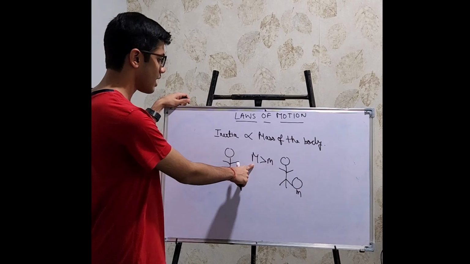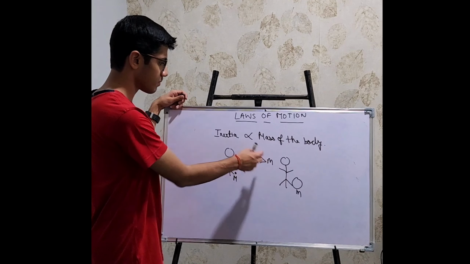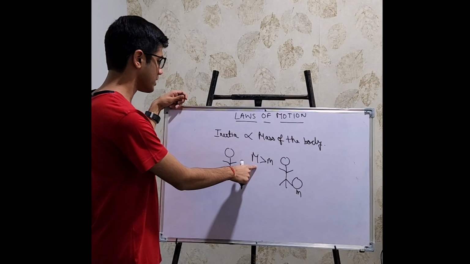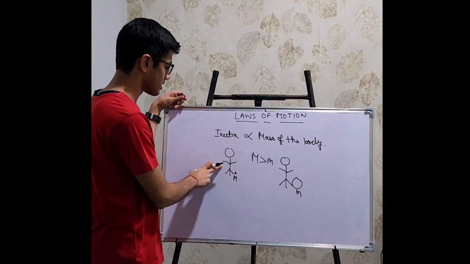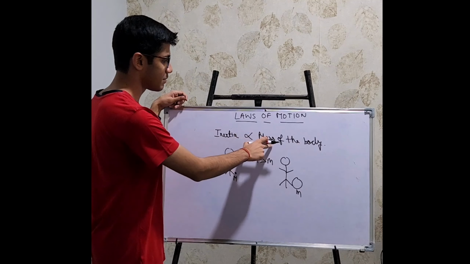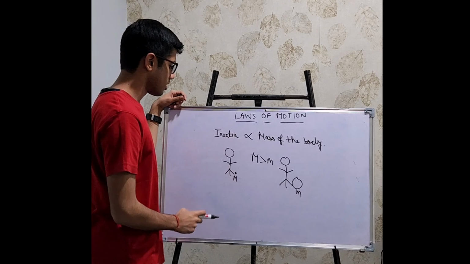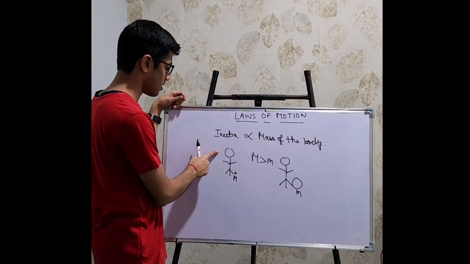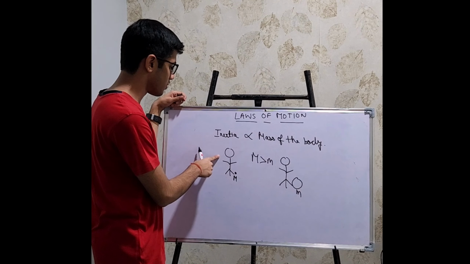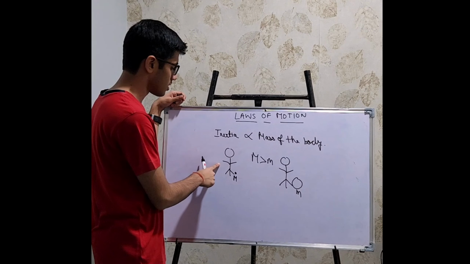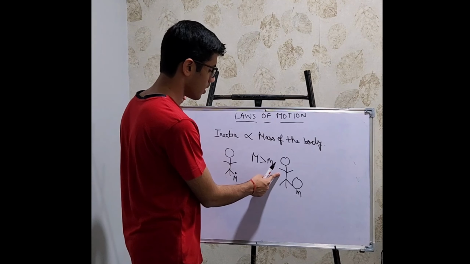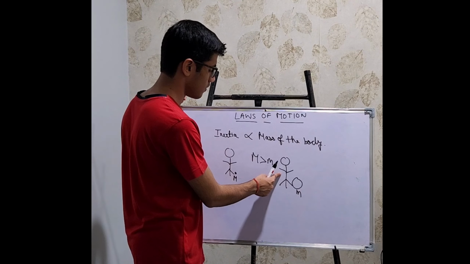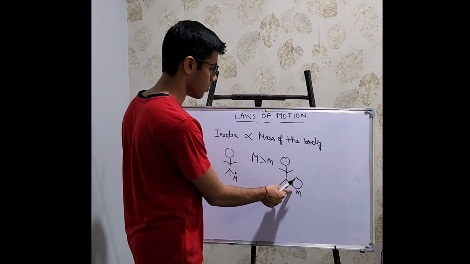So now since capital M is greater than small m, the inertia will be greater in this case, because it is directly proportional to the mass of the body. So this boy right here will have to apply a greater force to move the stone than the boy who has to apply the force to move this football.